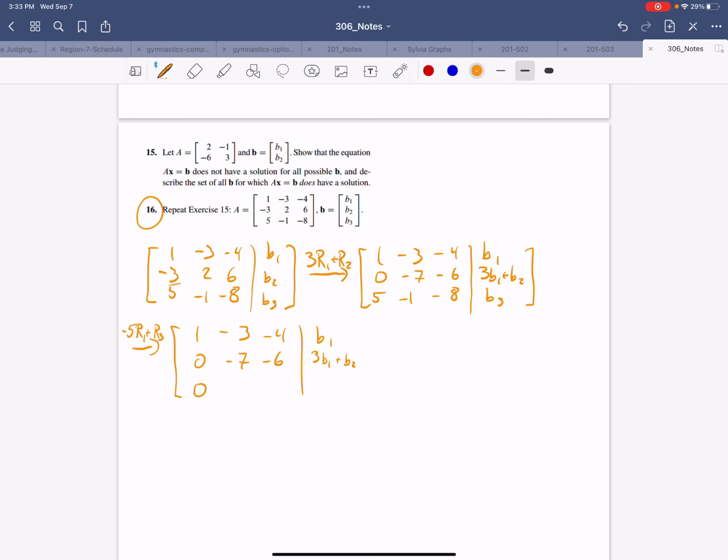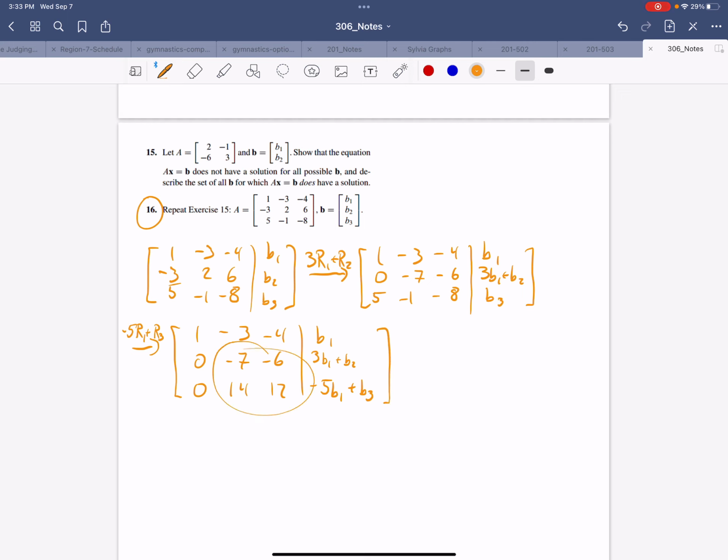Then this becomes a 0. This becomes 14, 12, and then we have negative 5R1, so I think it's going to be negative 5b1 plus b3. Let's do that.